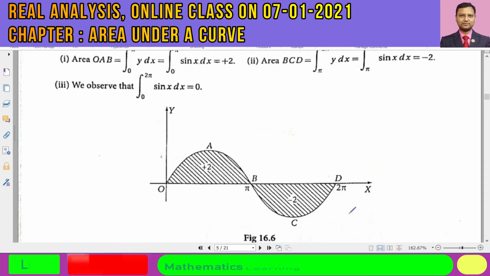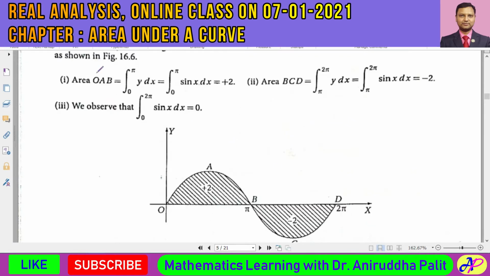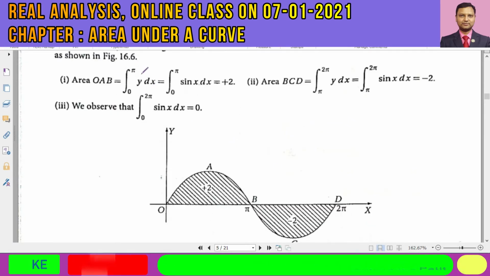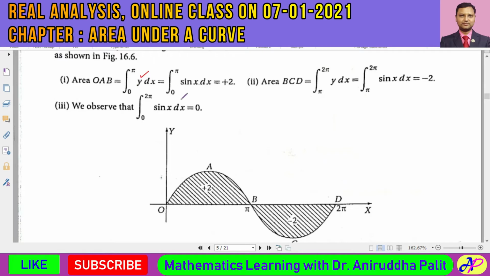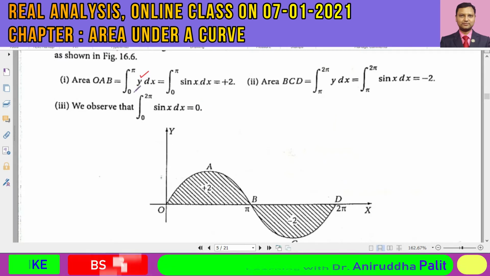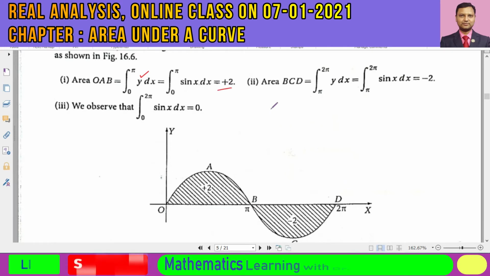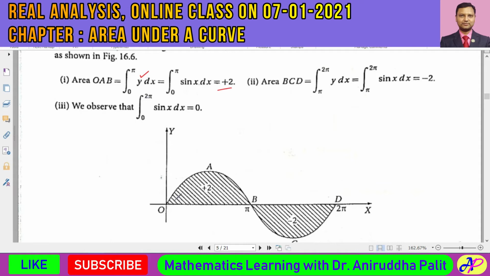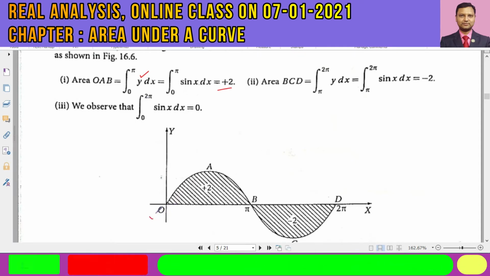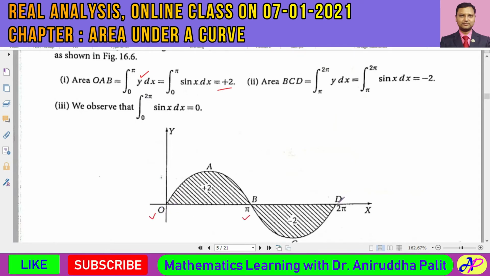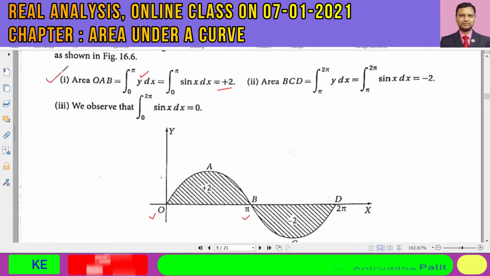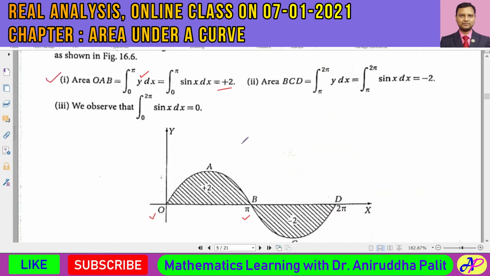Now you see, if you find the area of the function in between 0 to pi, using the formula integral of y dx from x is equal to 0 to x is equal to pi, then just put y is equal to sine of x, you will get plus 2. So that would be the answer to this question number 1.